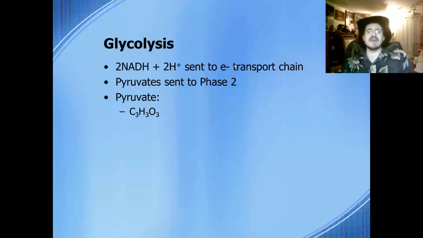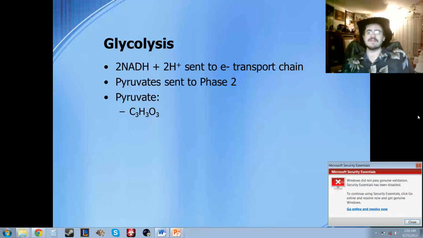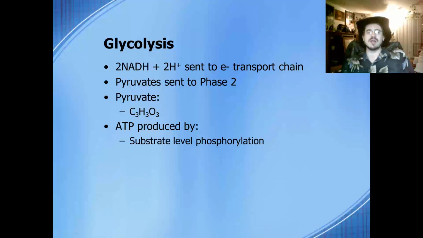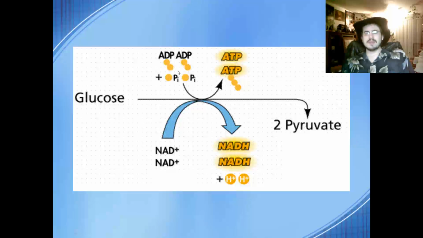So pyruvate is C3H3O3, reflecting the fact that we've lost some hydrogen ions. And the ATP is produced by a process called substrate level phosphorylation. So, ADP plus P being converted into ATP is produced via a process called substrate level phosphorylation.